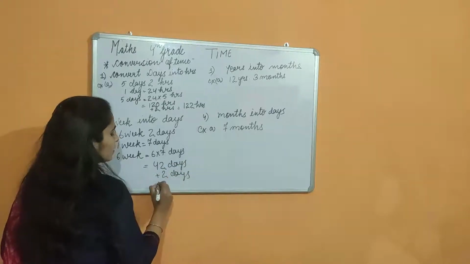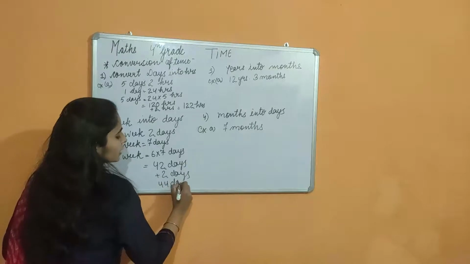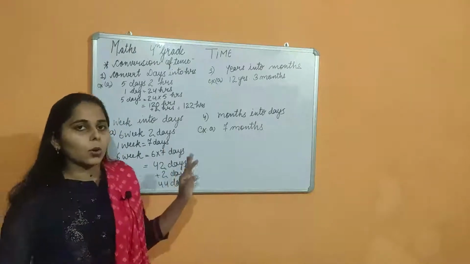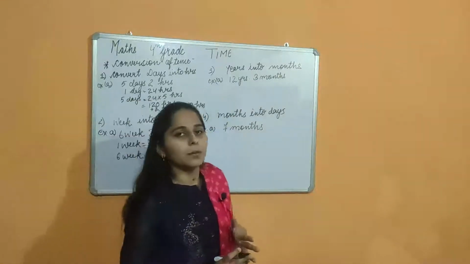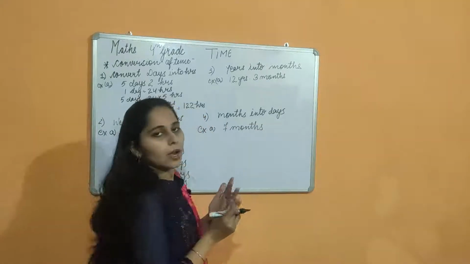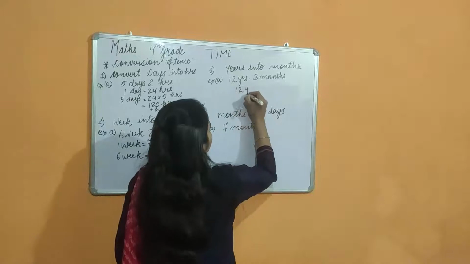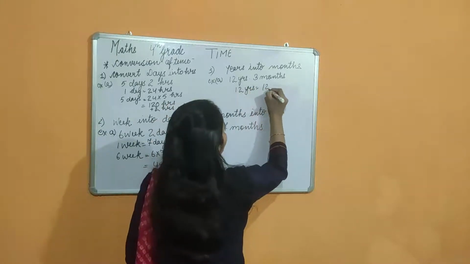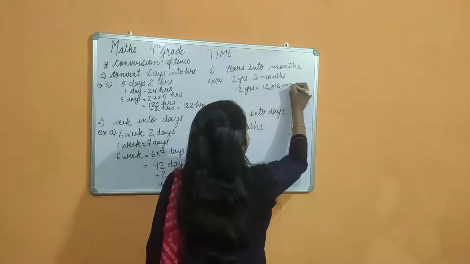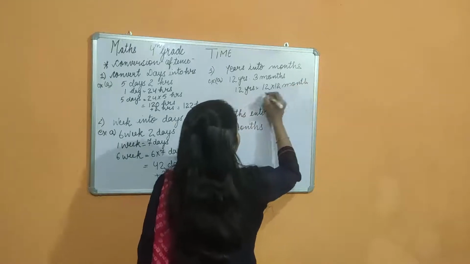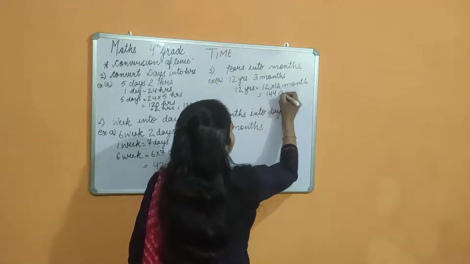So how many days will be there? 44 days in 6 weeks and 2 days. Okay. Now years into months. So 1 year is equal to how many months? 12. So 12 years will equal 12 multiply 12 months. That is 144. Also 3 months is with this.